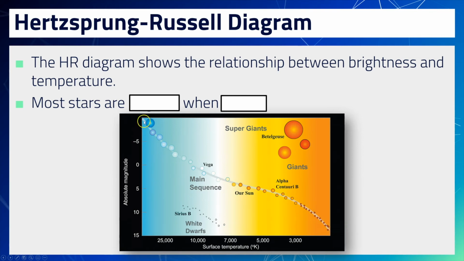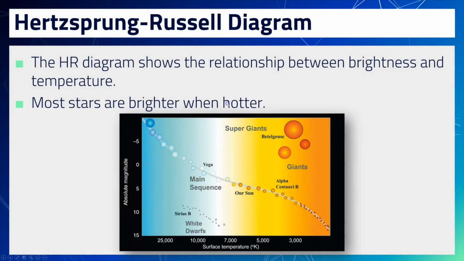And what scientists have seen is that there's a connection, particularly for main sequence stars, between temperature and brightness. So the hotter a star is, the brighter it is, and the cooler a star, the dimmer it is. So most stars are brighter when they are hotter. Okay, so the hotter a star is, the brighter it is.